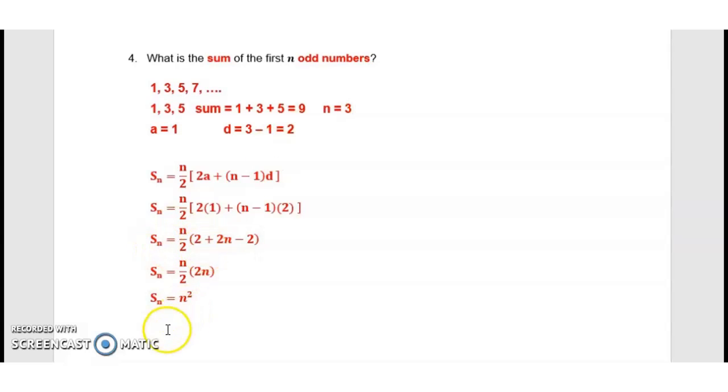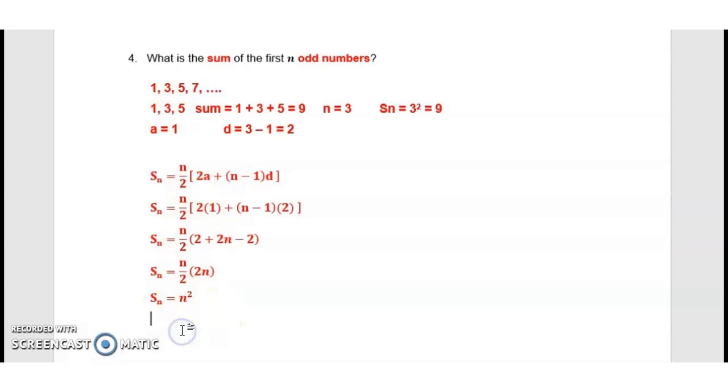We know that the general sum of the first n odd numbers equal to n squared, so you just substitute n equal to 3, 3 squared equal to 9. Okay, so that is what is meant by the sum of the first n odd numbers.